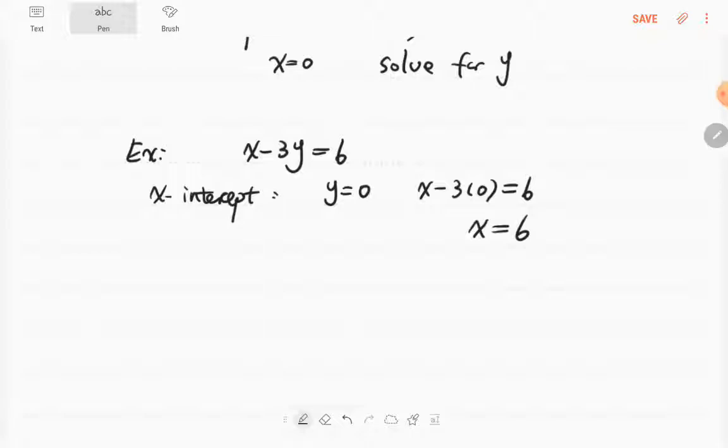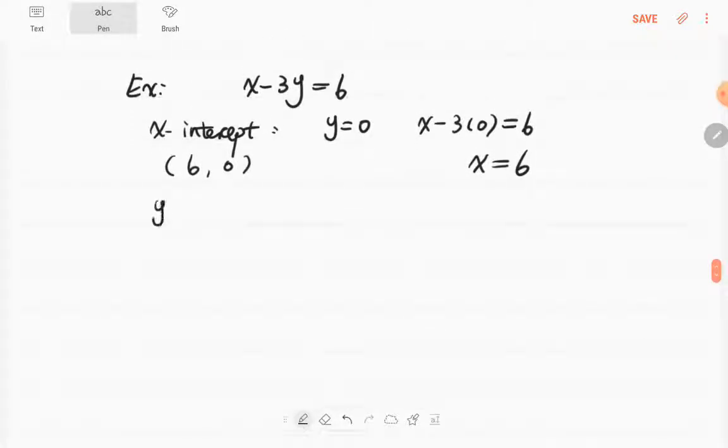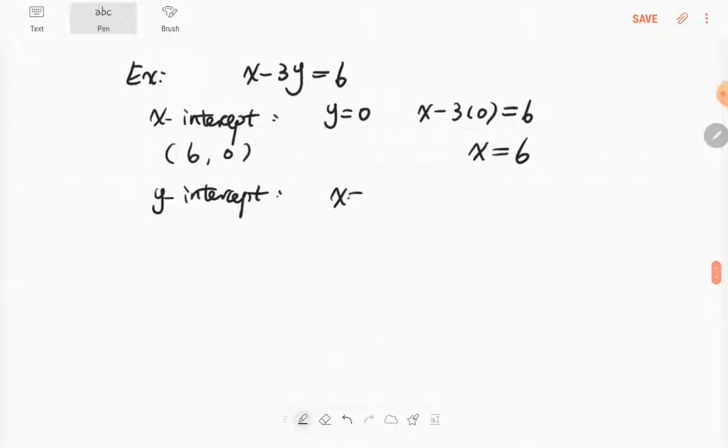Then we can find the ordered pair for the x-intercept. So we know it will be (6, 0). Now we check the y-intercept. Similarly, this time, because we want to find the y value, we just set x equal to 0.